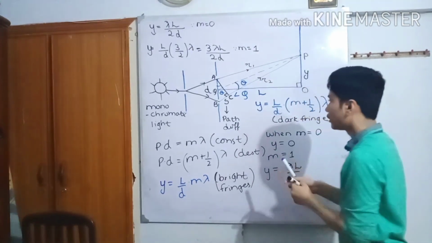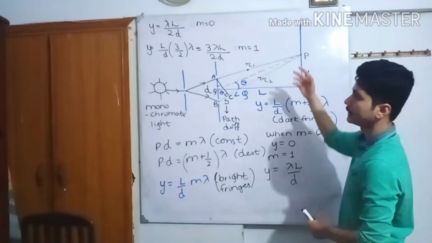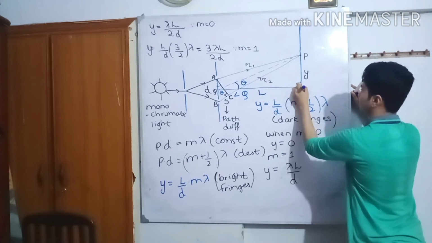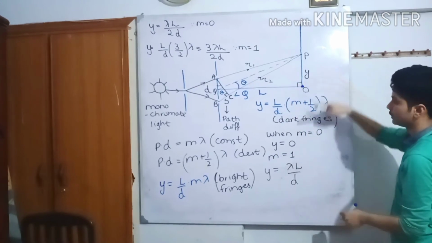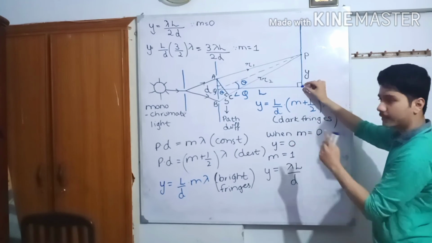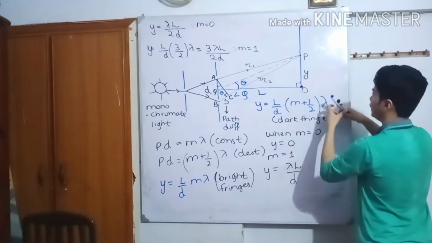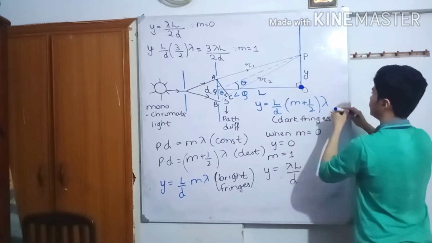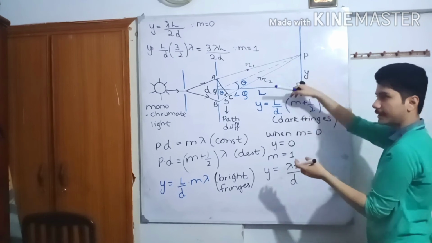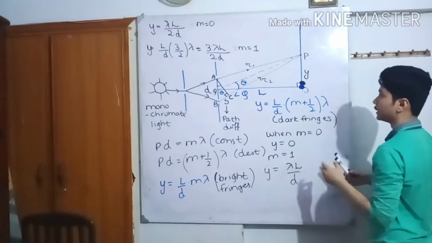And now let's talk about the distance between two consecutive bright fringes and the distance between two consecutive dark fringes. Let's suppose the first bright fringe is obtained at height y equals 0. How? Because when m equals 0, then y equals 0. It means the first bright fringe is obtained here, and the first dark fringe is obtained here.